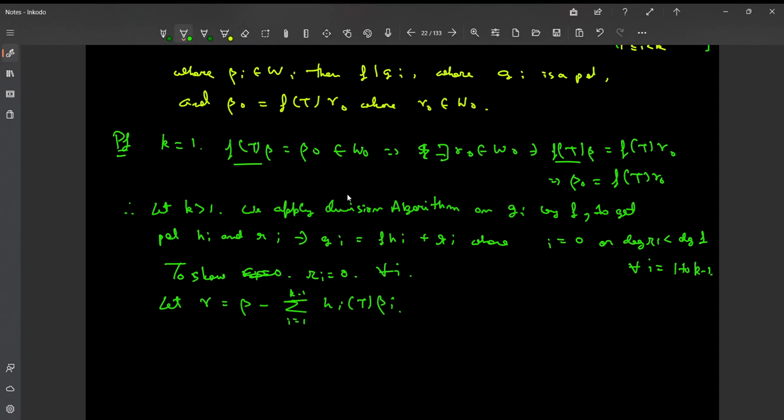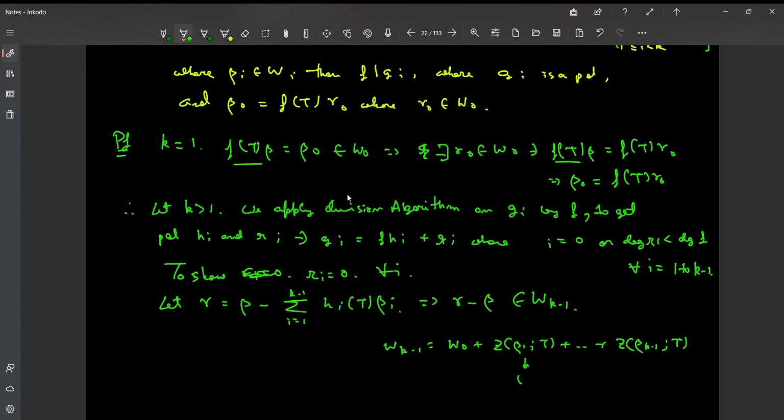So h_i(T) beta_i, this whole element, is from W_i. In fact, the sum is also in W_i because of the way W_i was constructed. Clear? So this implies gamma minus beta belongs to W_{k-1}. Because what was W_{k-1}? It was W naught plus the T-cyclic subspace generated by beta 1 and so on till the T-cyclic subspace generated by beta_{k-1}.